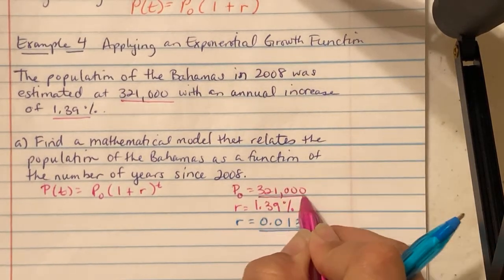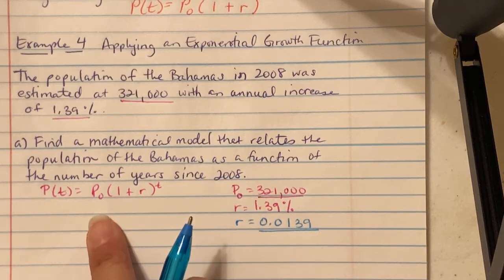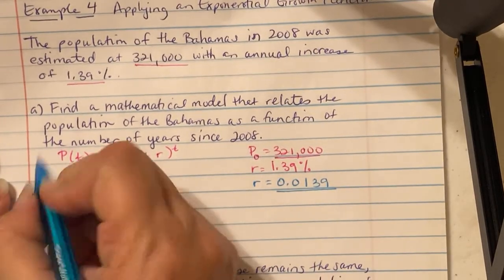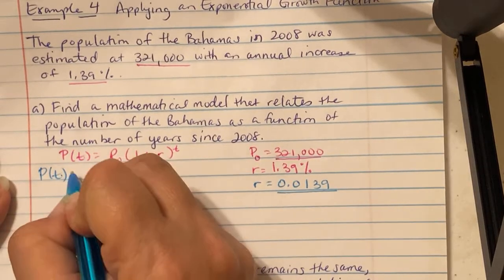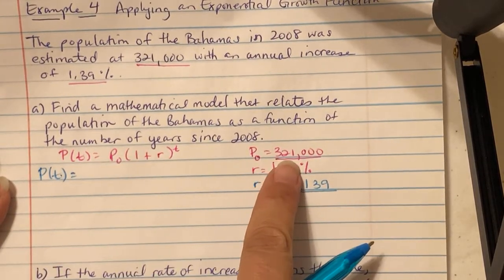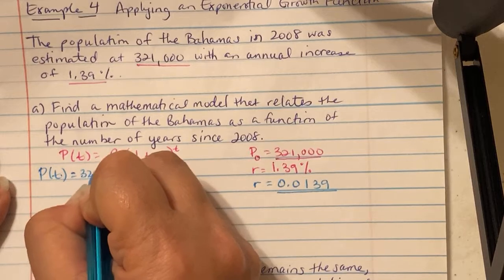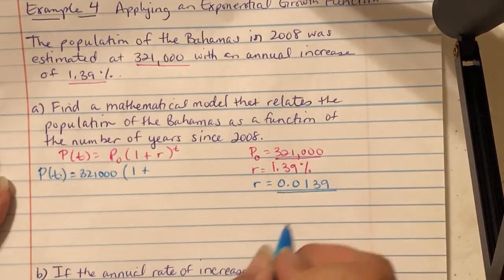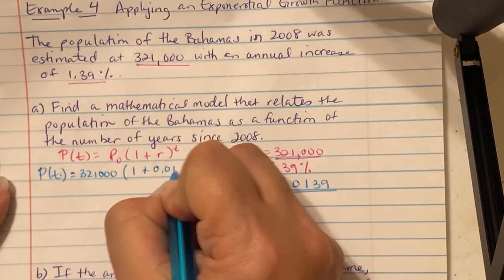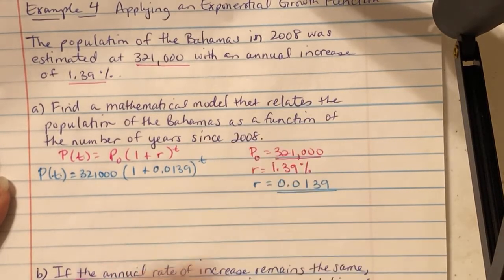This is what we're using for P naught. So it wanted us to find an equation that we can use. So P of t stays as is because we don't know how many years. Our initial value was 321,000, so you're going to write 321,000. And in parentheses, you're going to write 1 plus 0.0139 to the t power.